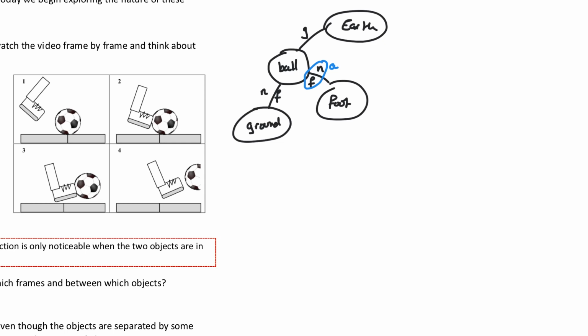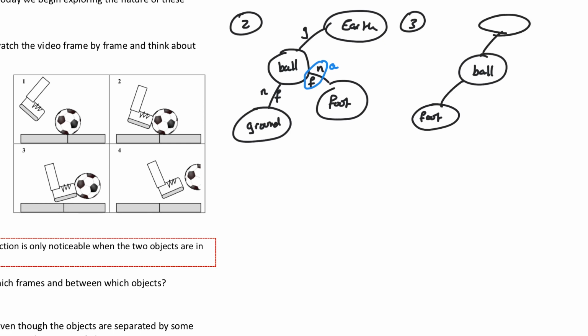Let's do the third one. And that's it. There's no other interactions with the ball in that one. In frame 3, so this was frame 2. In frame 3, we have the ball. And in this case, it's in contact with the foot. And it's also interacting with the earth.